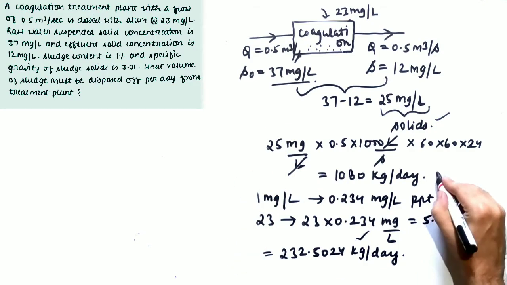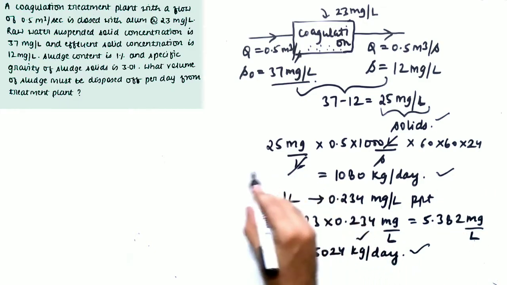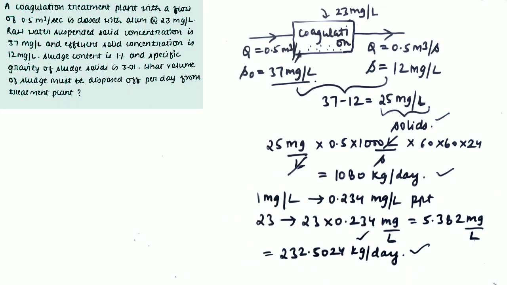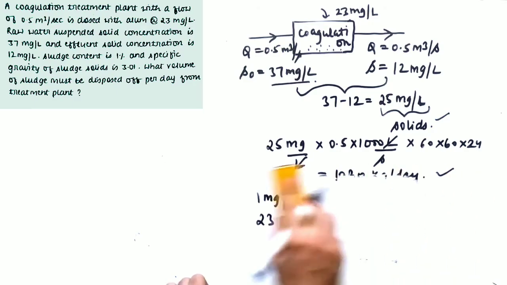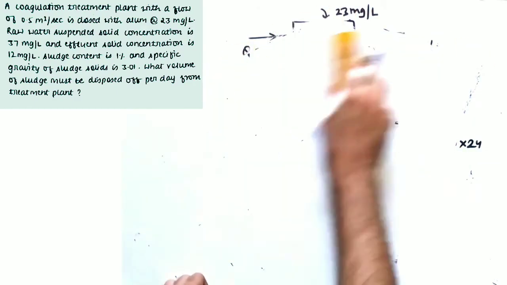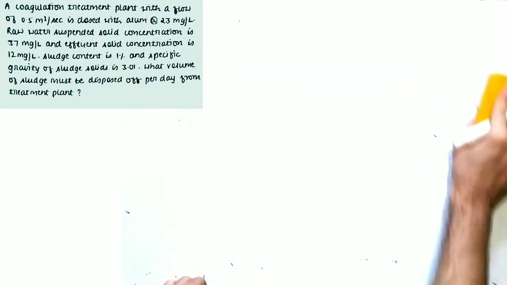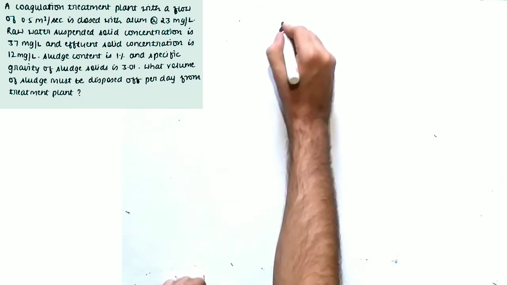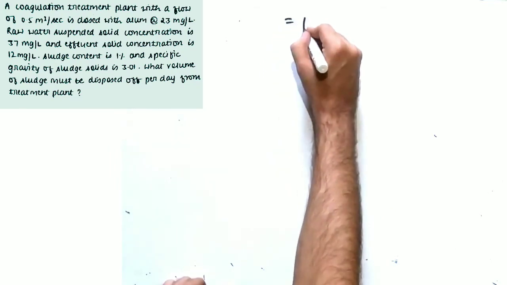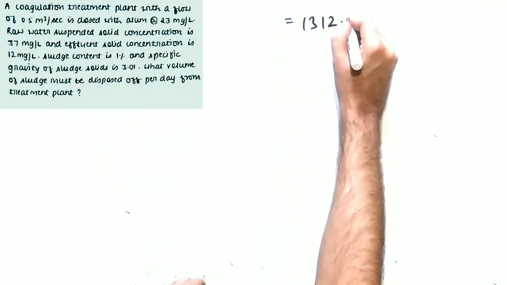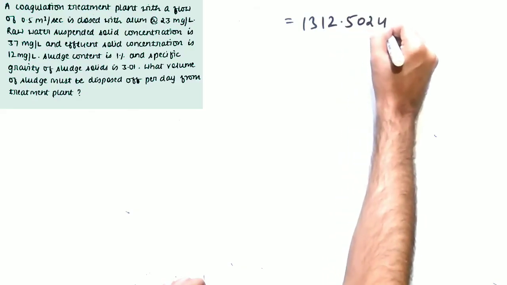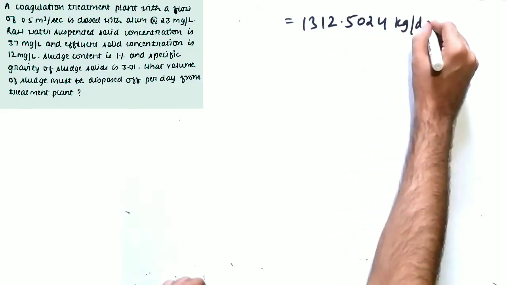So these are two values that we got. We can add them and get the total amount of solids that will be generated because of the process of coagulation. So we can add 1080 and 232.5024. So total solids will come out to be 1312.5024 kilogram per day.